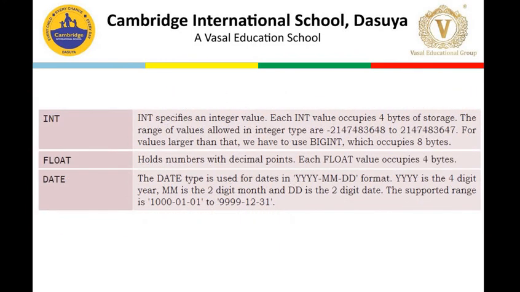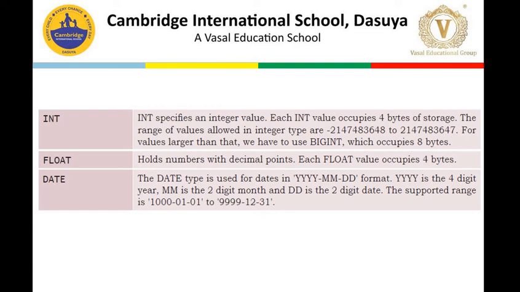Then another important data type is integer. Integer specifies an integer value. You know that a number without fractions is called an integer. Each integer value occupies 4 bytes of storage. The range of values allowed under the integer data type is, as you can see, minus 2147483648 to plus 2147483647.